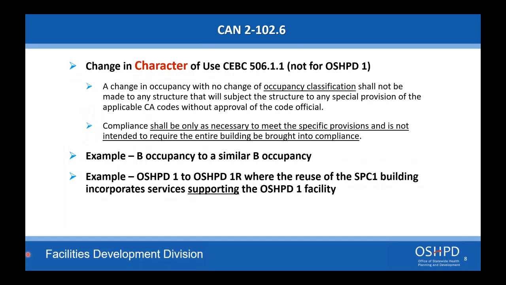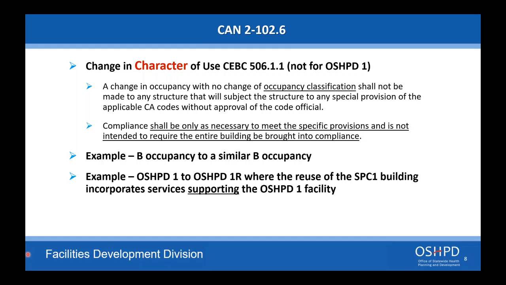A new definition that came out with the existing building code, Part 10, it does not apply to OSHPD 1 hospitals, is the change in character of use. Basically what this is stating is that a change in occupancy with no change in the occupancy classification shall be made only as necessary to meet the specific provisions, as it's not intended to require the entire building to be brought into compliance.